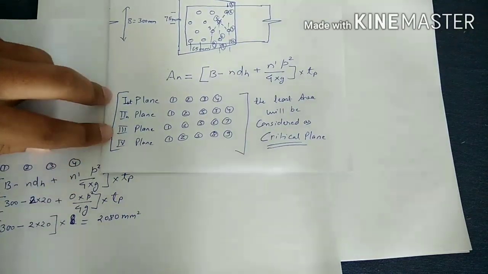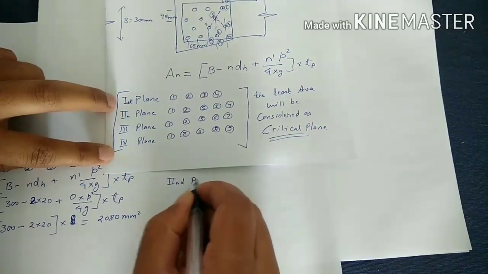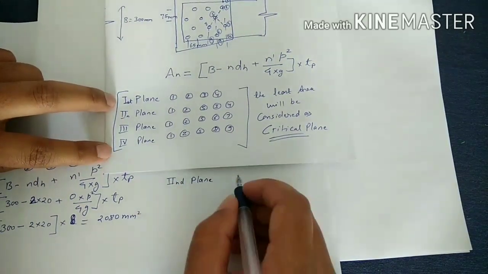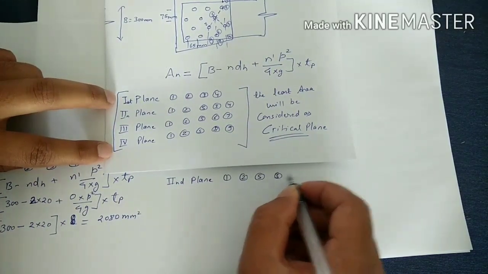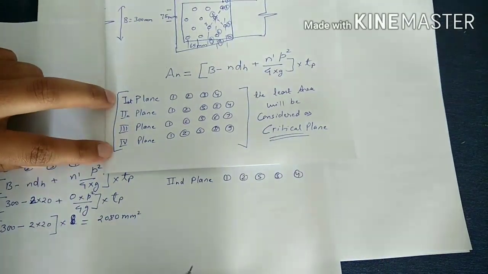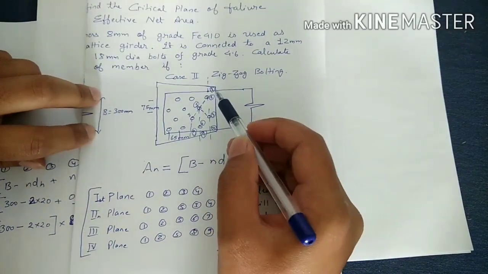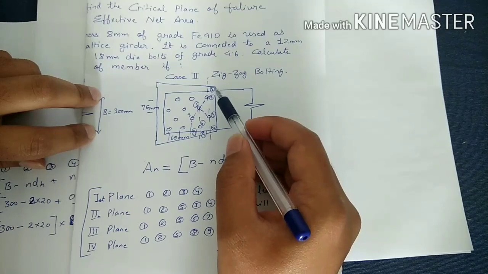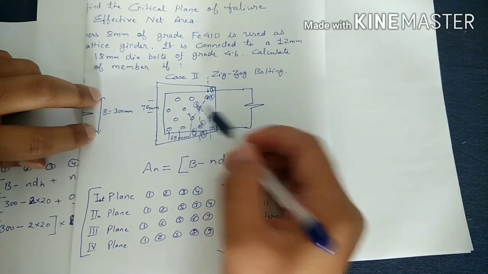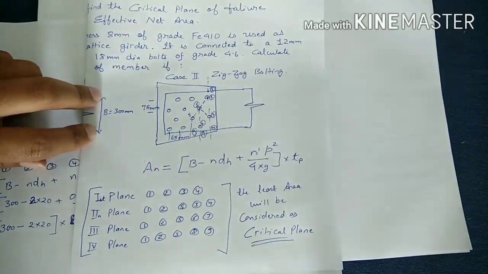Okay, now we will consider the second plane, that is 1, 2, 5, 3, 4. You can see that this plane moves not in a straight way but in a different way: 1, 2, 5, 3, 4, then it clears.